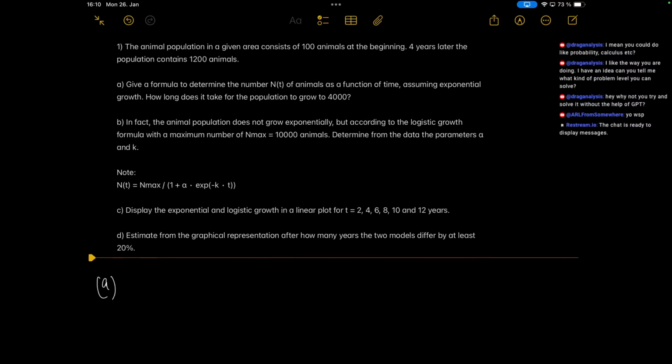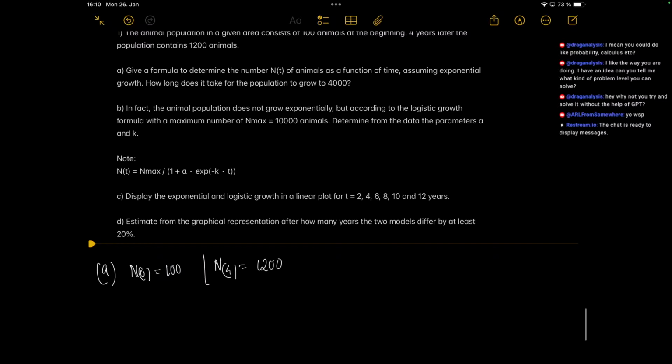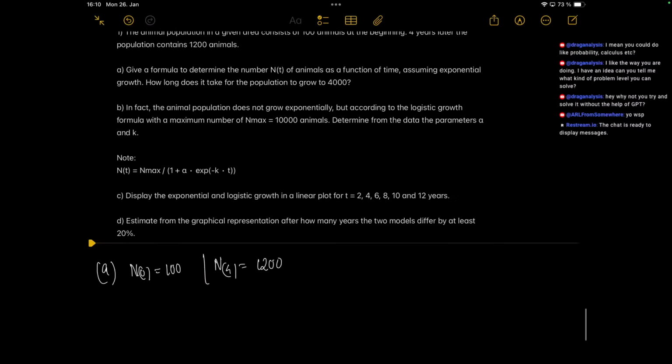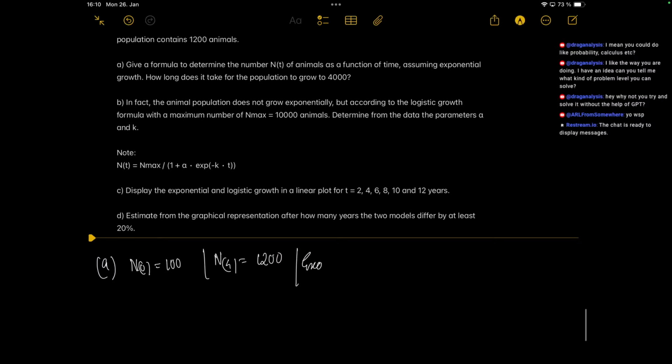Animal population N0 equals 100, N4 equals 1200, exponential growth.